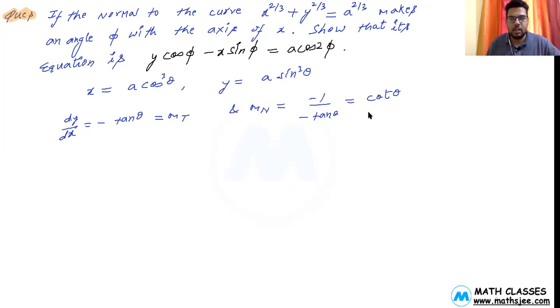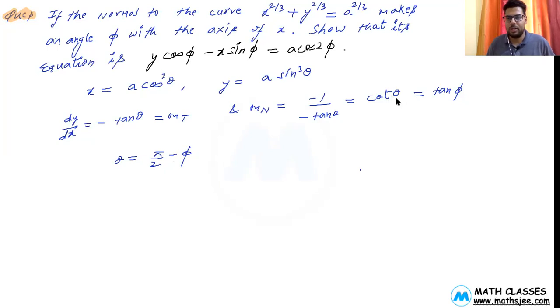This cot theta is the slope of the normal, and according to the question it is equal to tan phi, right? So now we have a relation between theta and phi. You can say theta equals pi by 2 minus phi.